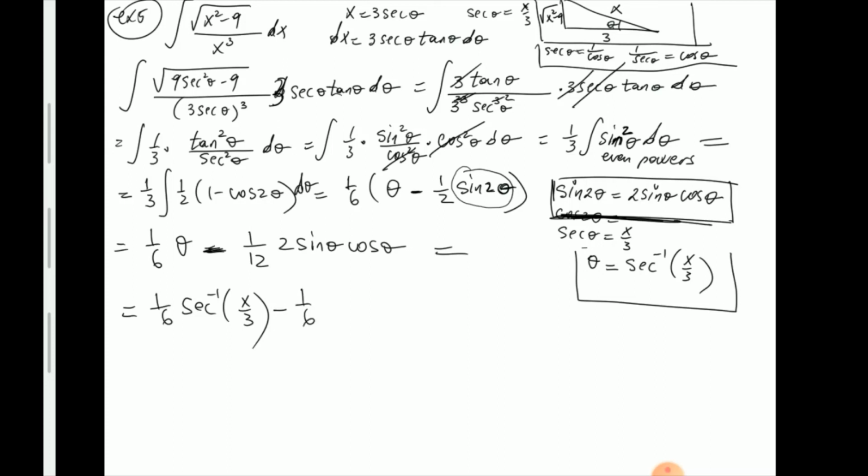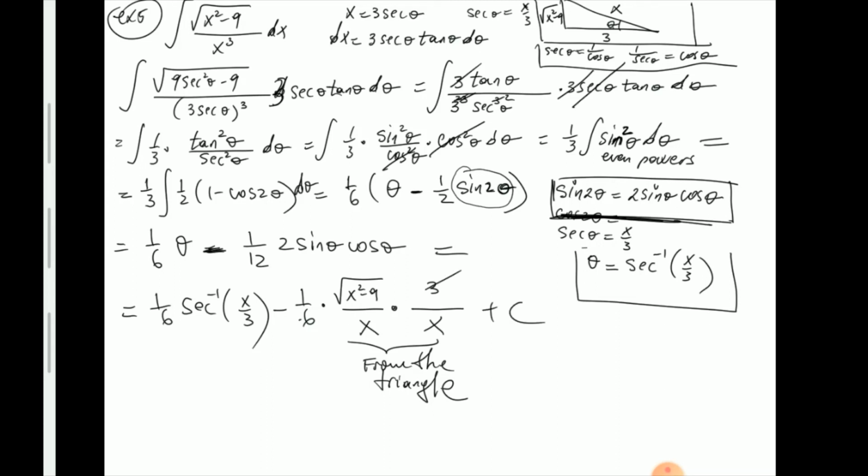Sine of theta from the triangle is opposite side over hypotenuse. Cosine from the triangle is adjacent side over hypotenuse. So these are from the triangle. And then plus a constant c. Maybe you can simplify it, 3 and then it's 1 over 2, but that's it.